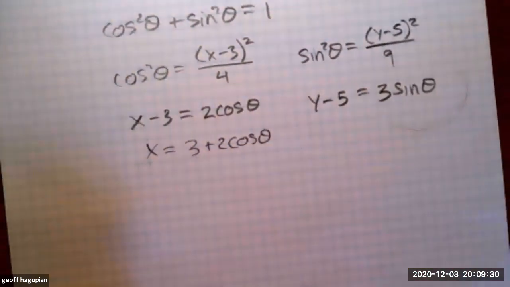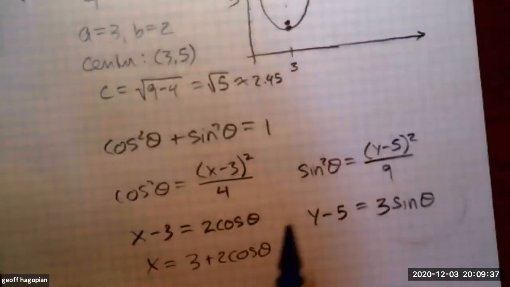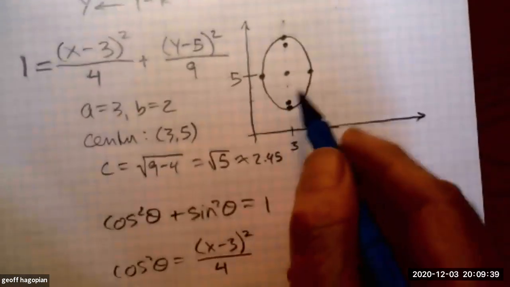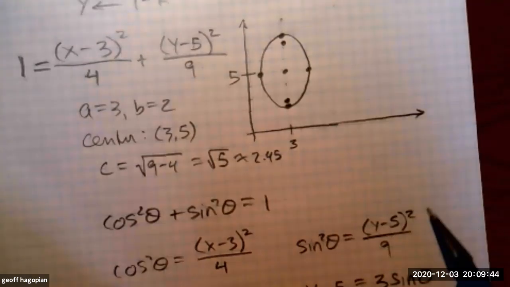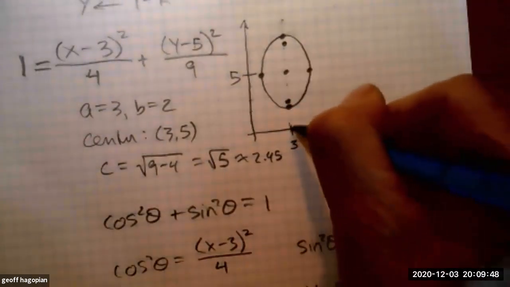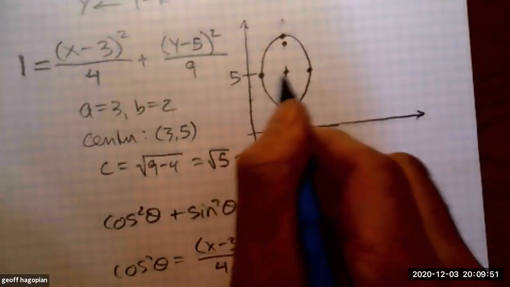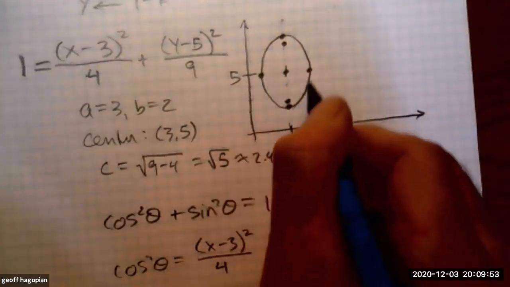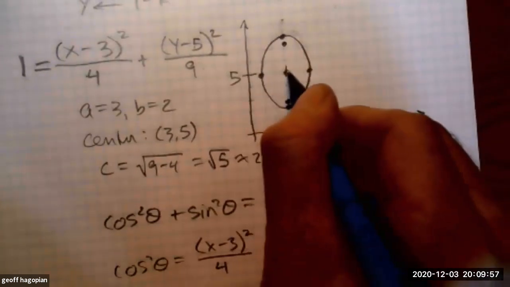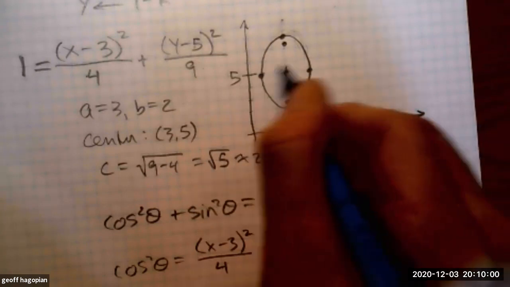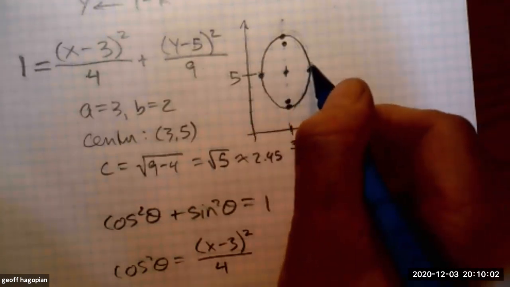So what is that? That's a sinusoid with an equilibrium at 3 and an amplitude of 2. As you go around the ellipse, what does x do? It's centered around 3, right? X oscillates back and forth as you go around the ellipse. X is going to oscillate between 1 and 5.